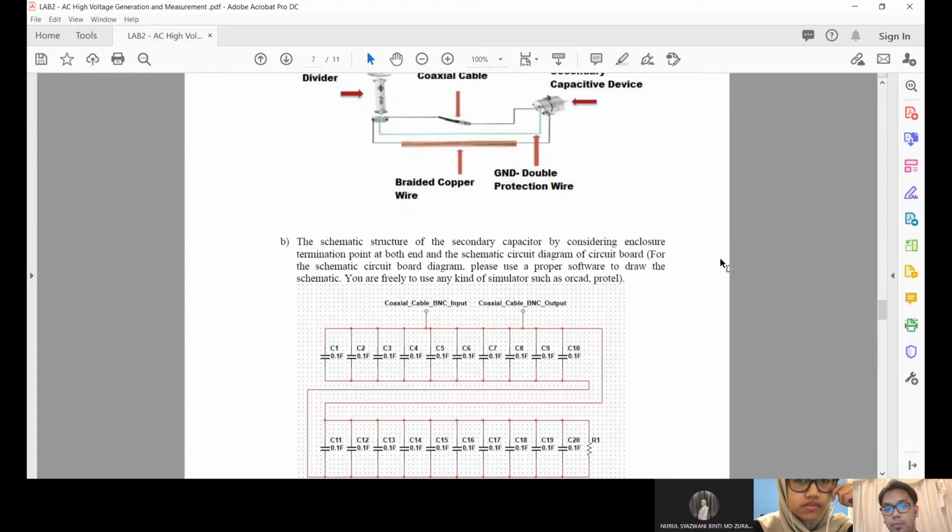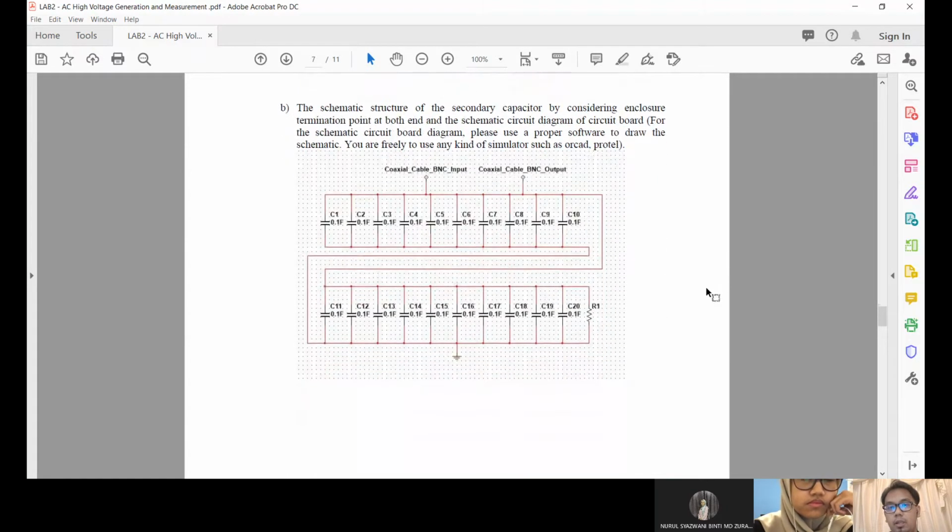Okay, so for the next 4B, as we can see, there is the cross sectional schematic diagram. As you can see, there are 20 capacitors with a variable resistance, which provides a reading of 2 microfarad rated capacitor. But in the measured capacitor, the value of the capacitor is 1.94 microfarad.